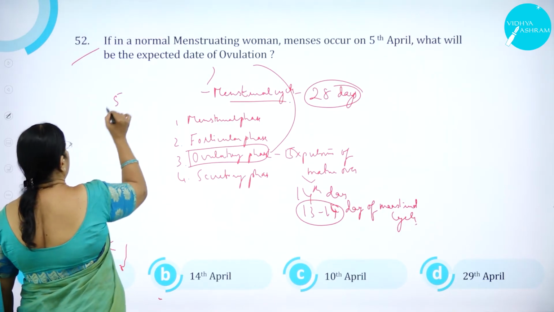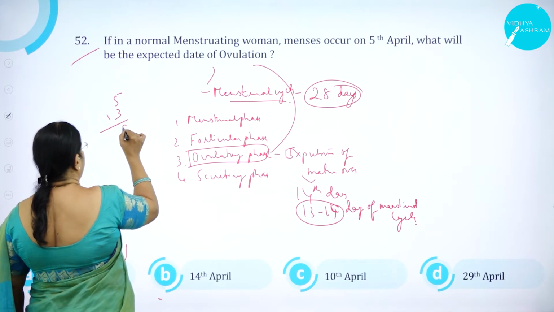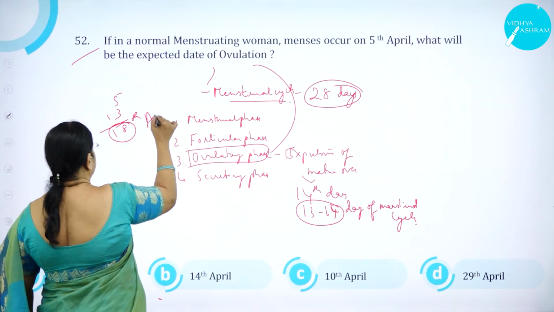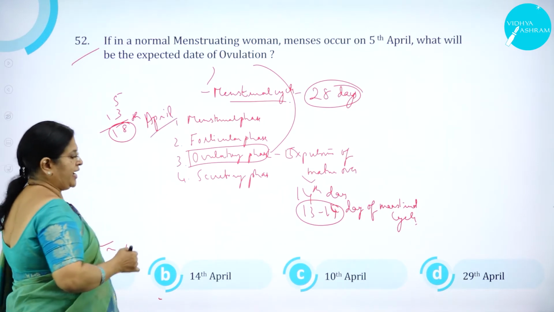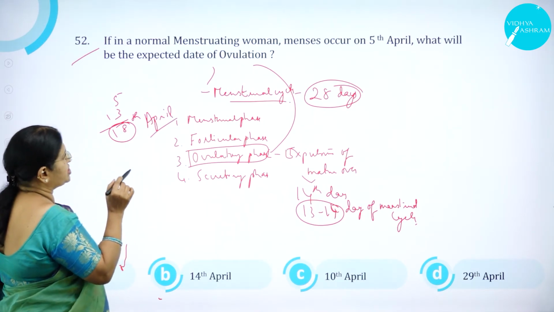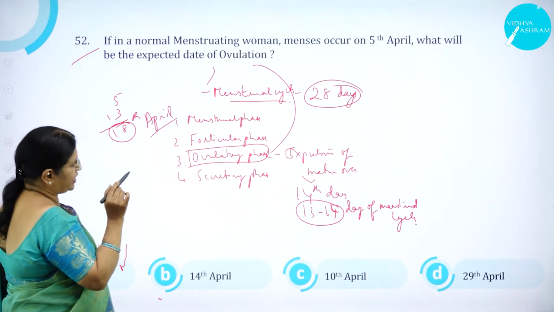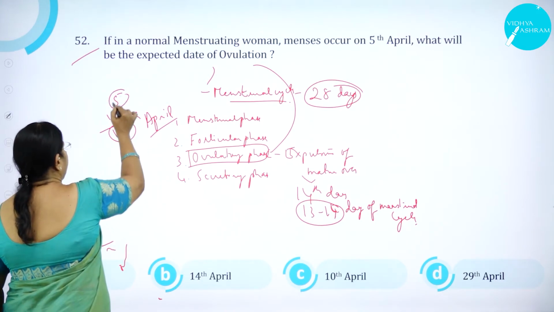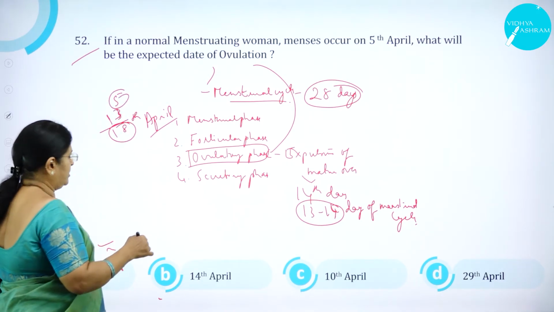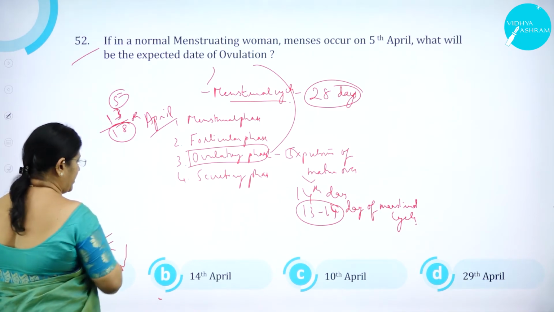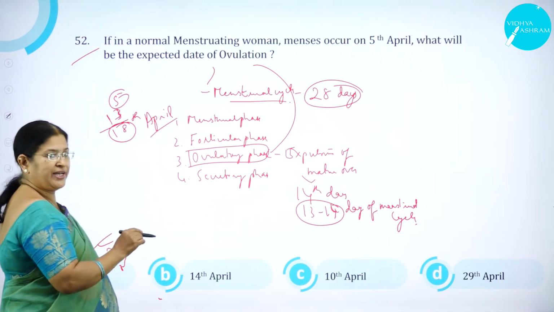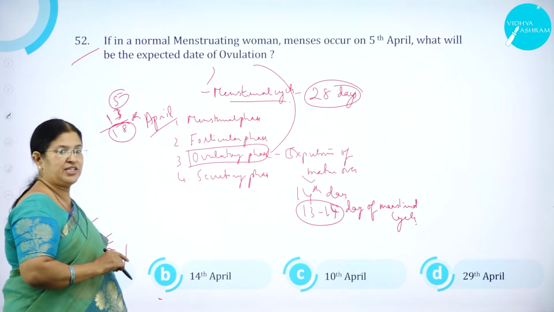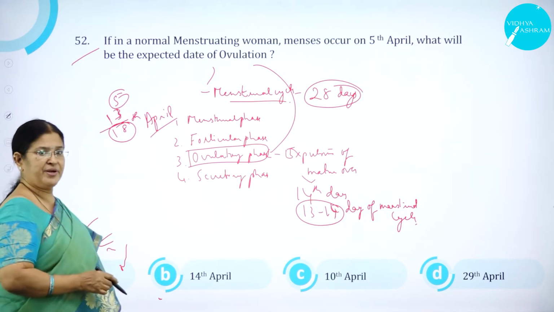To the 5, you add 13, so it will be 18th April. The options are 18th April, 14th April, 10th April, 29th April. So it is 18th April, the expected date of ovulation.